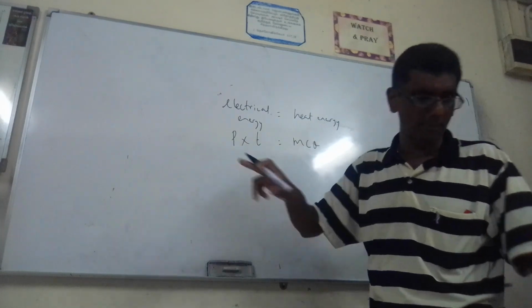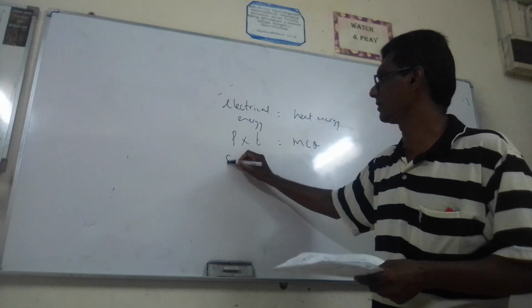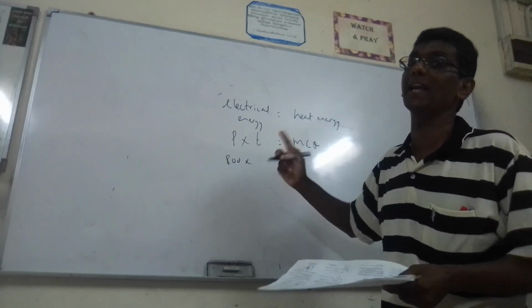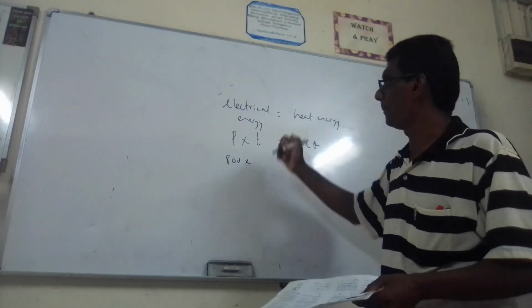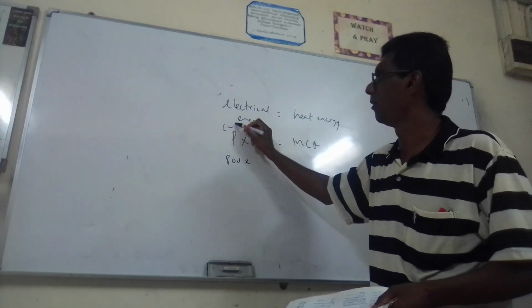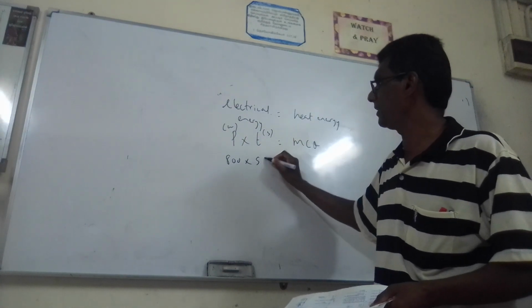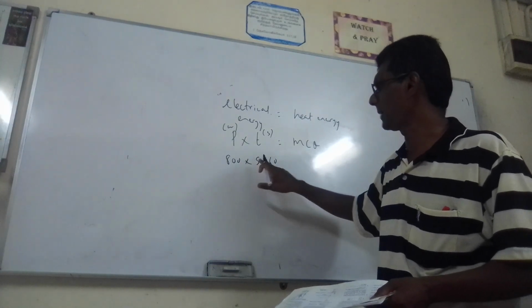So the power is given in question 25, the power is 800 watt, and they switch on the electrical kettle for 5 minutes, but minutes must change to seconds. The power must be in watt and time must be in second. So 5 times 60, 800 times 5 times 60.